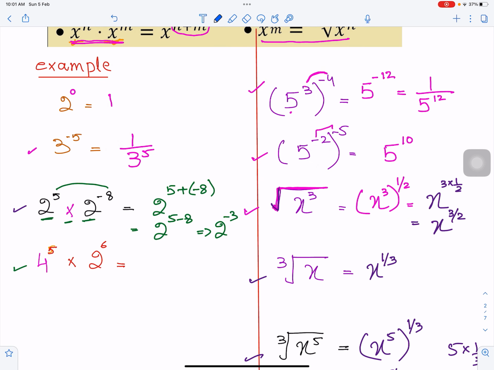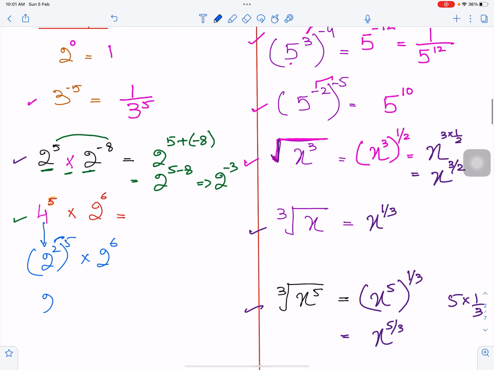you will make the base the same, and definitely if it is at your level, a simple question, it would be possible to make it. So 4 can be written as 2 square. Okay, I'm trying to make the base the same. Now I have changed this 4 into 2 square. This I will multiply. 5 2s are 10. So it will become 2 power 10 into 2 power 6. Now the base is the same.